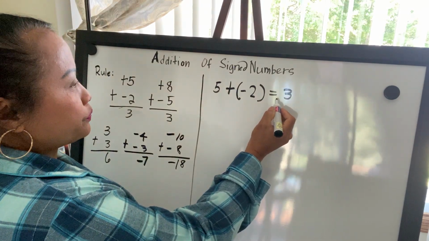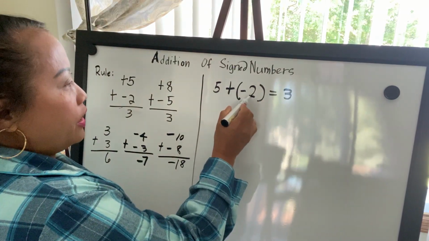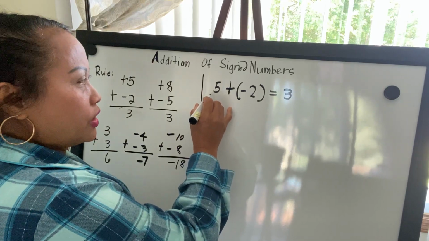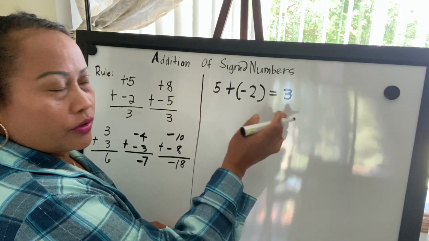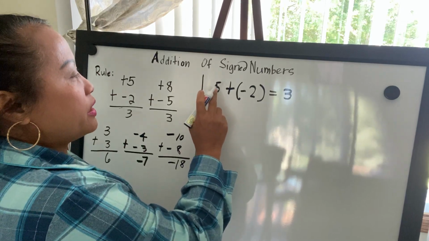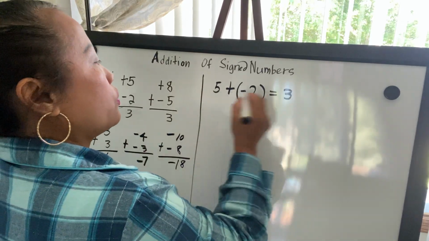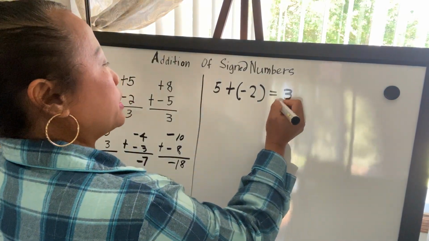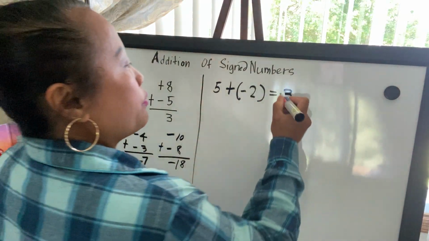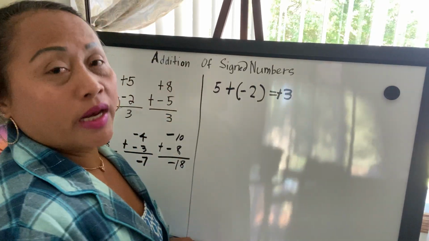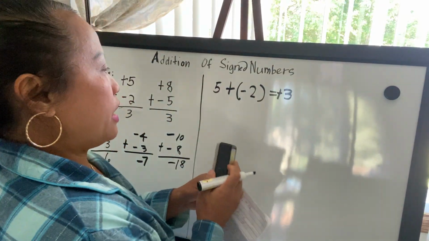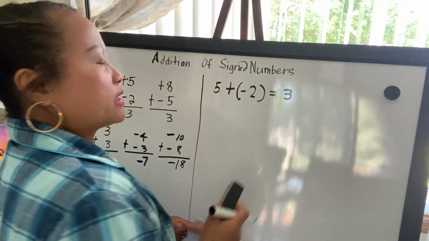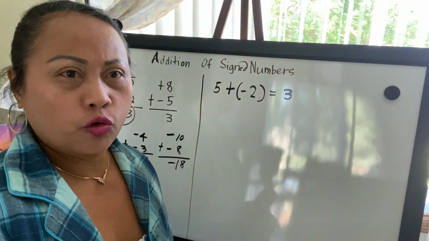Because when you add, you have to bring down the sign of the larger number. 5 is the bigger, or the larger number, so you have to put positive 3. Positive 3 or without the positive, it's understood to be positive. A number without a sign is understood to be positive.